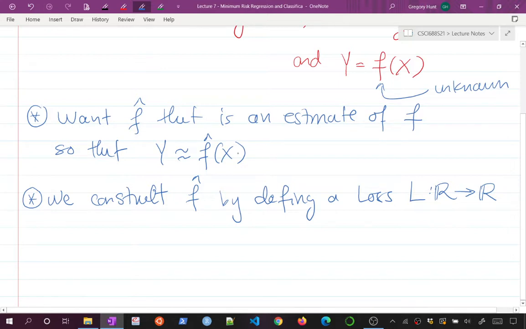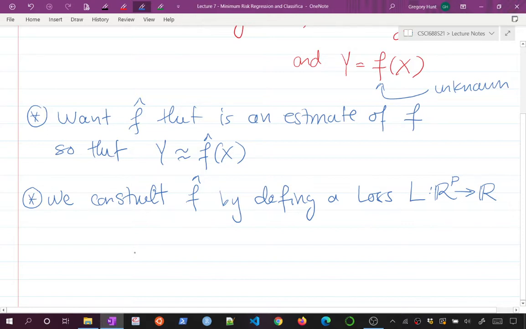I guess X could be multivariate random variables, so x might be a p-dimensional vector. So I guess our loss could be from R^p to R, right?